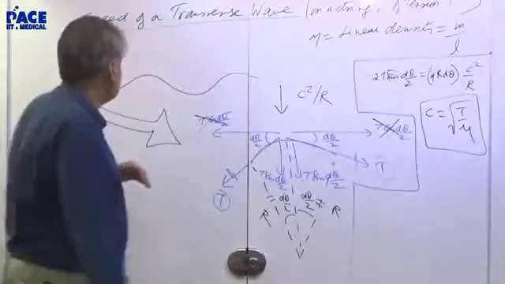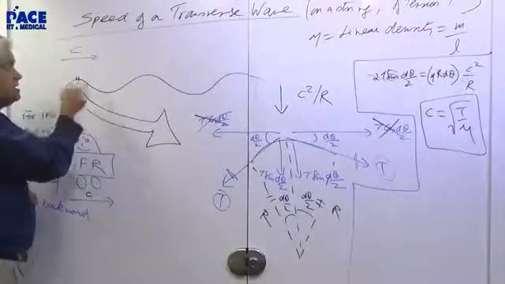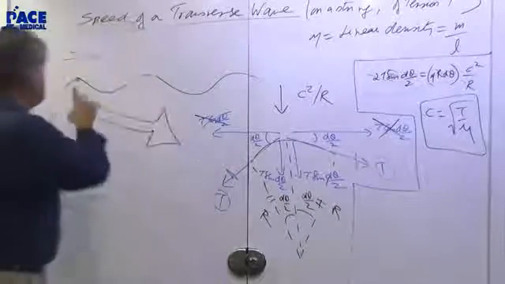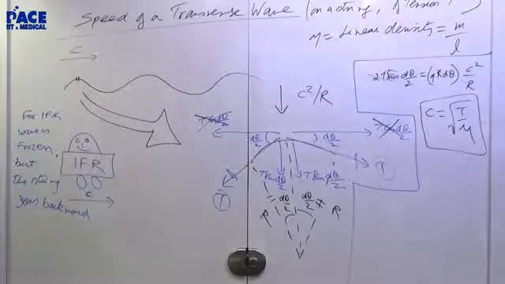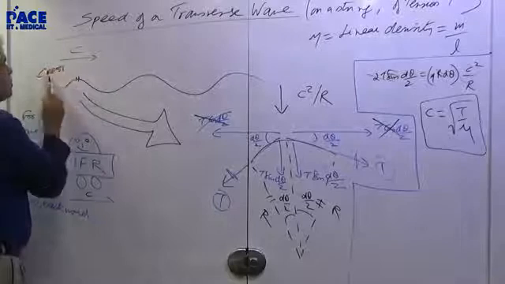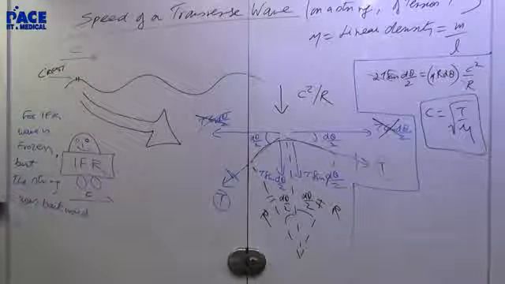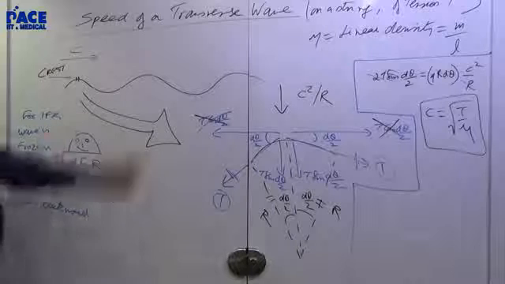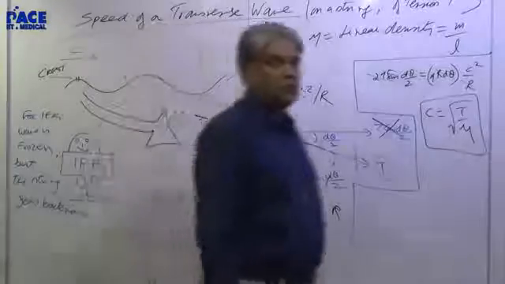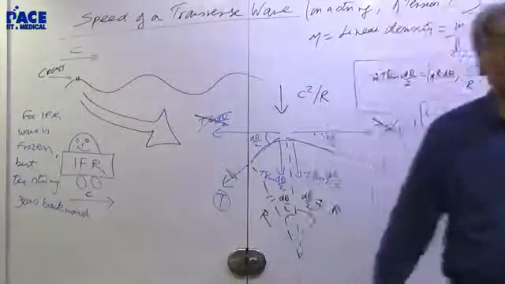So that tension won't vary, while at other points tension will vary. So I'm taking a point which is right on the crest. This is the crest of the wave. So you're watching the crest. This free body is about the crest, and this person always gets the crest in front of the person. So are you okay with this derivation?